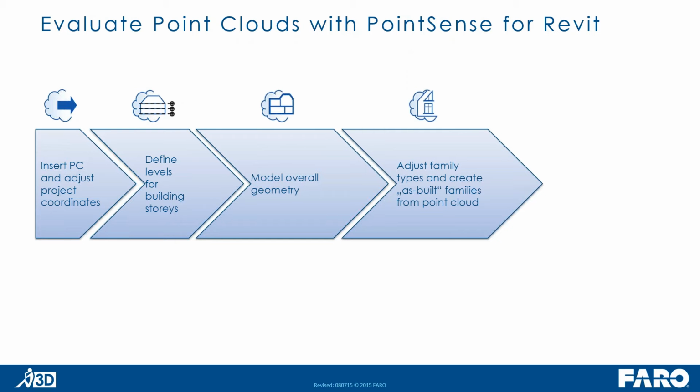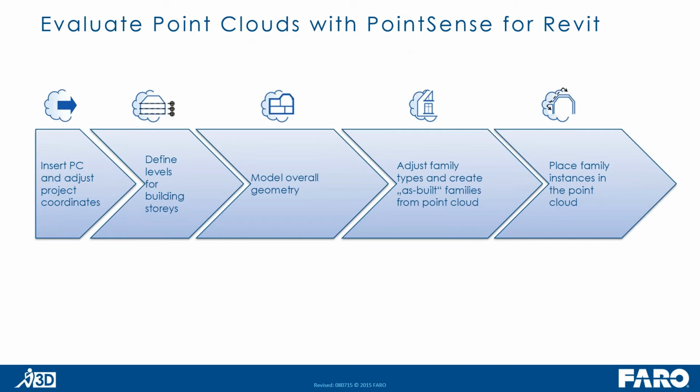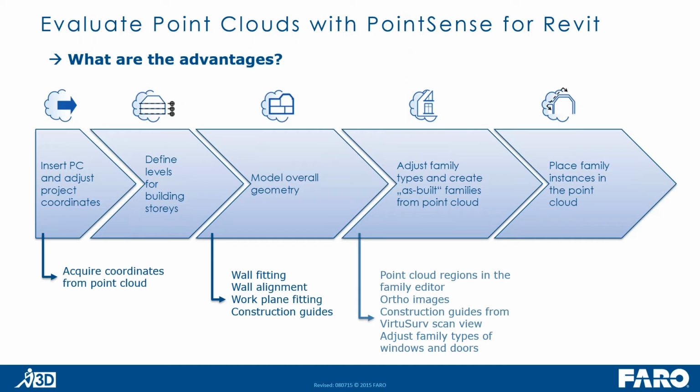Then we insert our families, our building components, windows, doors, columns, other elements, and then we have to create as-built families. That means if we have an object in our scan that is not in our library, so we do not have this family, we have to create new families. And in all these process steps, PointSense can help you with different tools. So it's a tool set to give you a better workflow from scan to BIM.